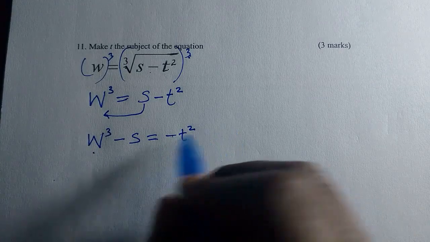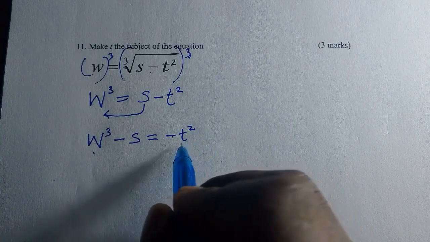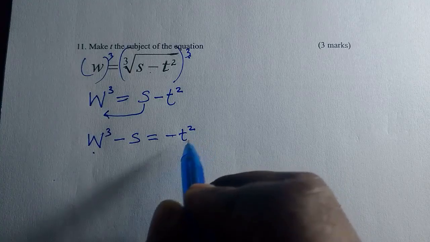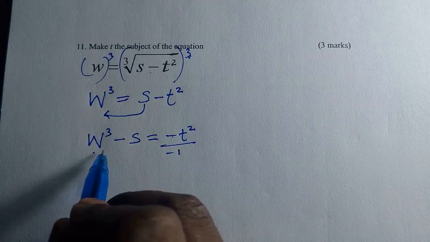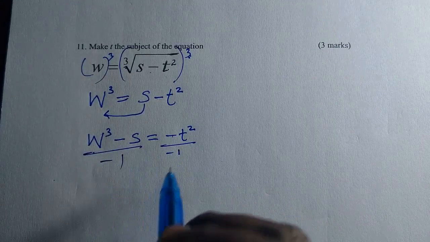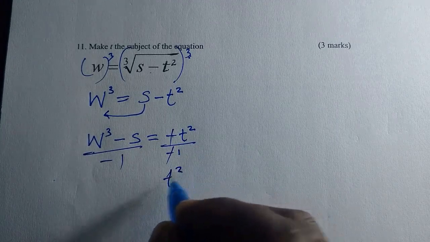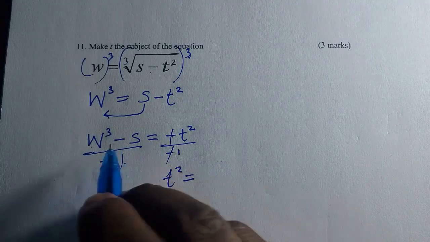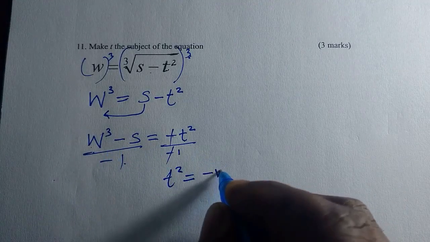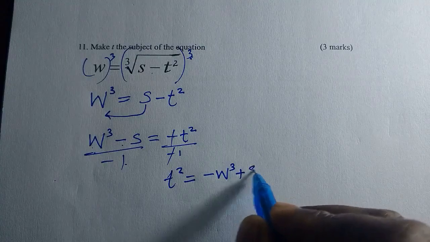So now we can continue with what we have. So remember, we want t. So how do we get t? We want t to be positive, therefore we divide by -1. That's one way. So the t is going to be positive. So -1 will make w cubed negative. It will change this sign here to be plus s.